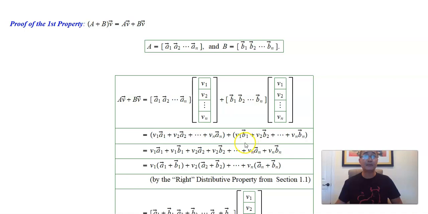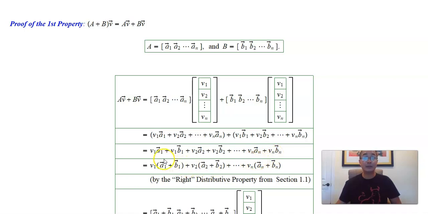Well, we have a commutative property. Let's bring the terms containing V1 closer together. So let's move V1, B1 next to V1, A1. We get V1, A1 plus V1, B1. Similarly, we have plus V2, A2 plus V2, B2. Move them together. Okay, you do that for each column.